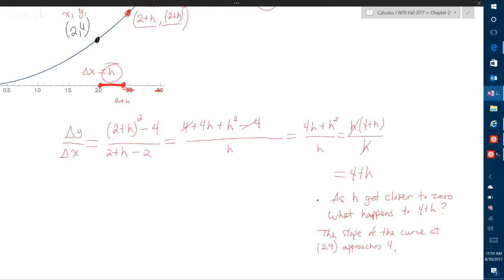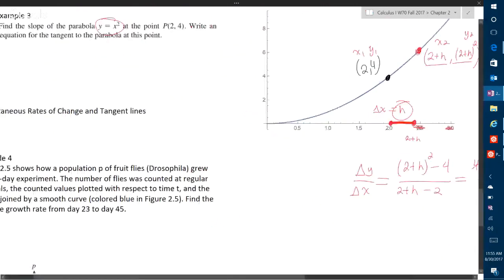Now we're not done with the problem because they did ask for something else. What did they ask for? The equation of the tangent line.